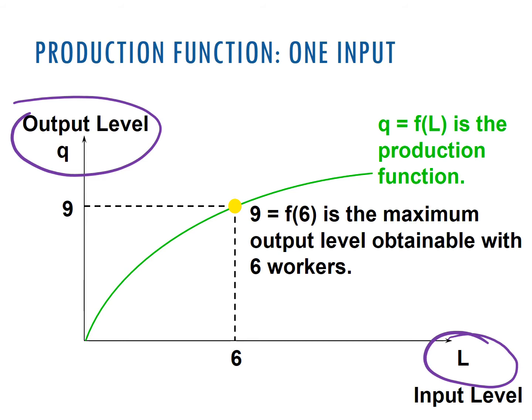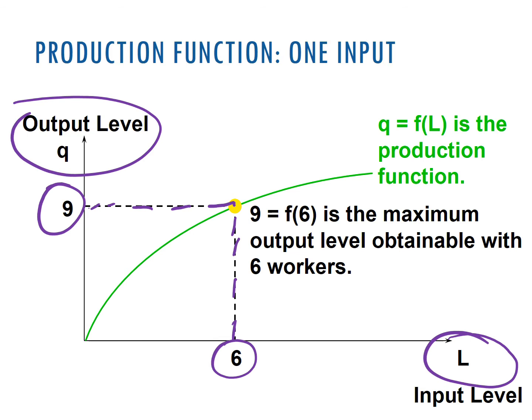So if you think about a cookie shop, we're holding the number of ovens fixed, and we're seeing how the output, or the number of cookies produced, varies when I change the number of workers. And here what we are seeing is that when we have 6 workers, then the cookie shop can produce 9 cookies. And this might be in thousands, so it could be 9,000 cookies, or it could be in hundreds, so it could be 900 cookies. It depends on how we're measuring that output.